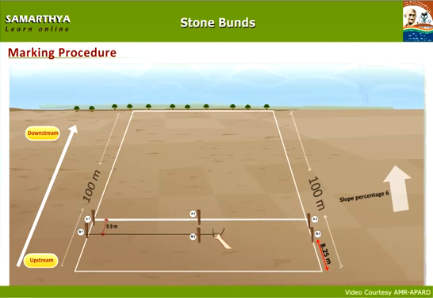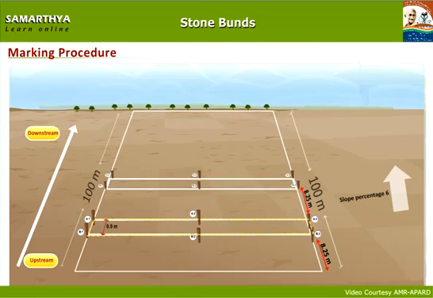Join B1, B2, B3 with a thread and mark it with limestone or chalk powder. The distance between the two marked lines, which is the base of the stone bund, is 0.9 meters.